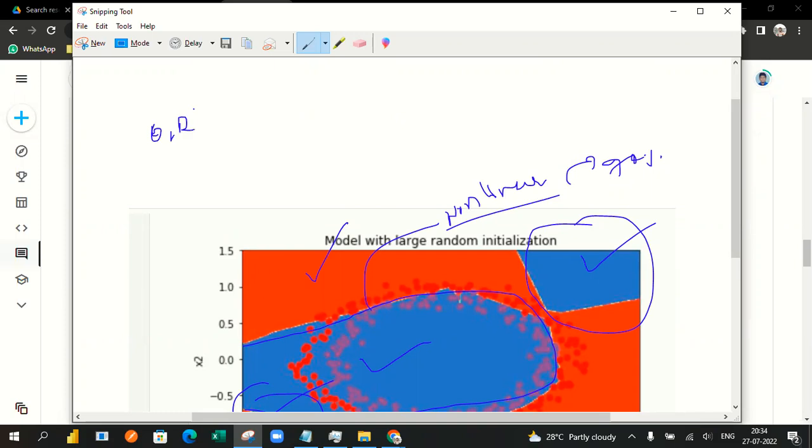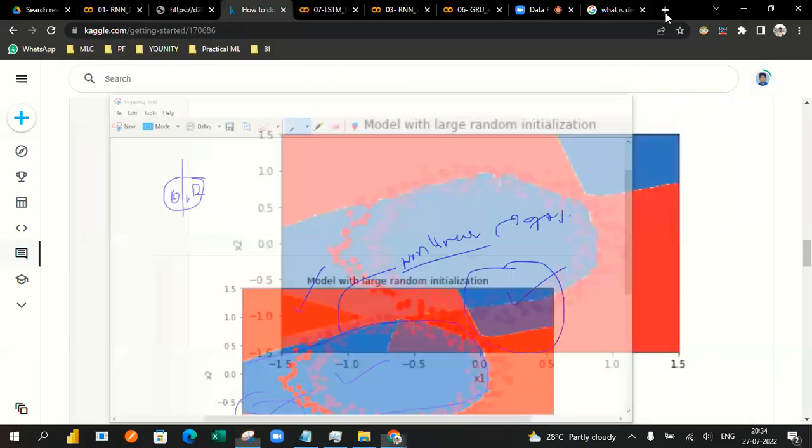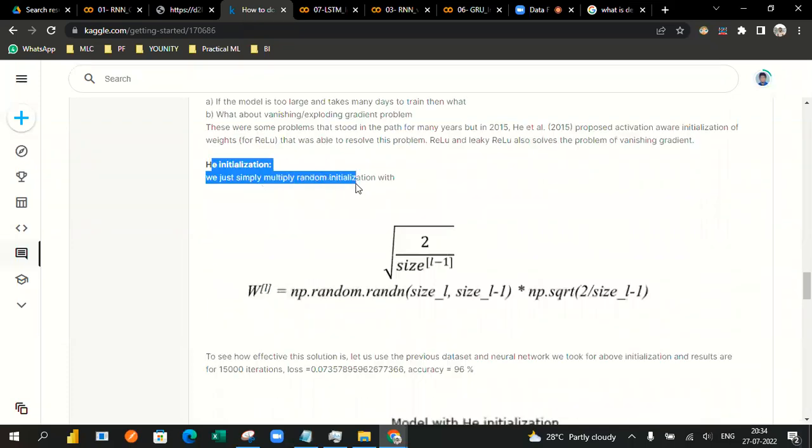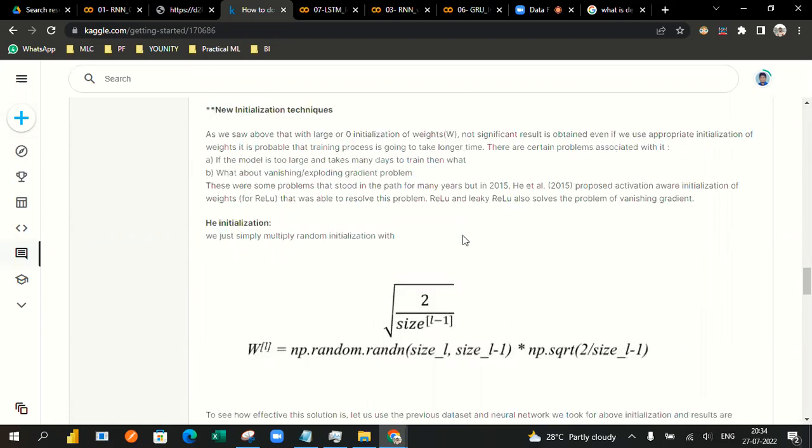But still, we cannot prefer zero initialization and also random initialization. We cannot prefer these two, most probably. And there is something called the most famous, He initialization. It's named after He because we have some formula for it. Whenever we need to analyze any kind of data, it needs some kind of activity, or some kind of addition weights, according to whatever weight initializations we had.